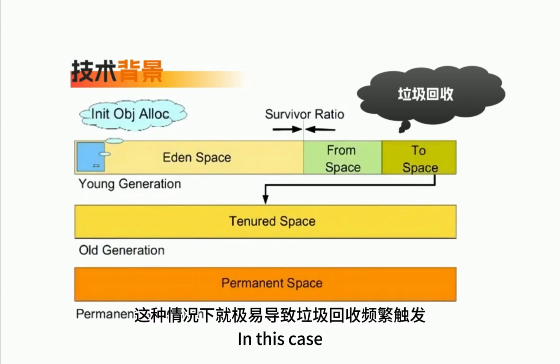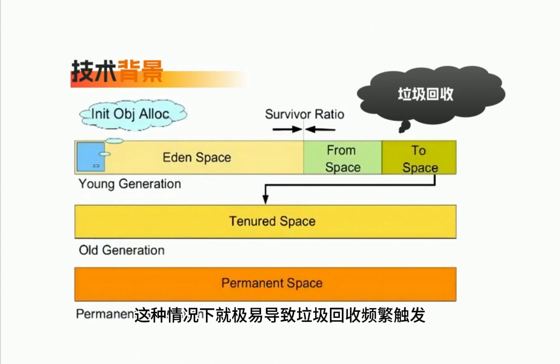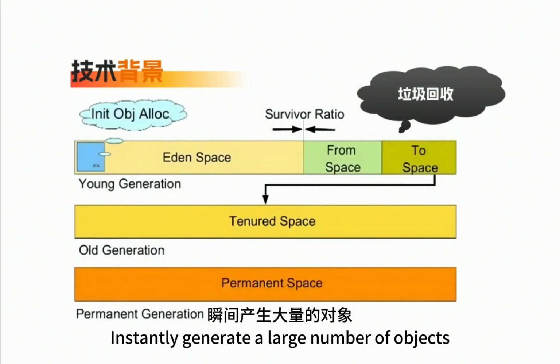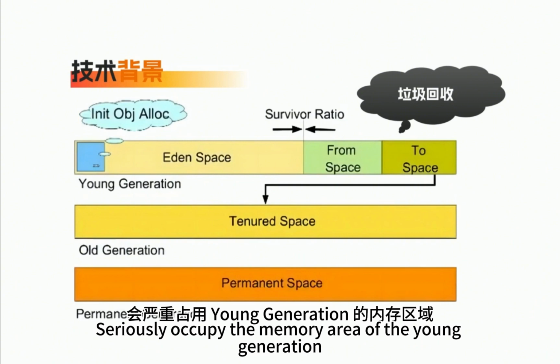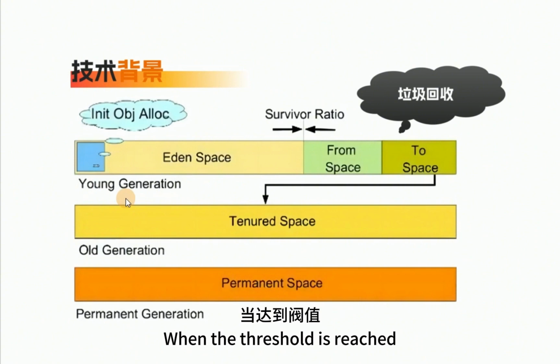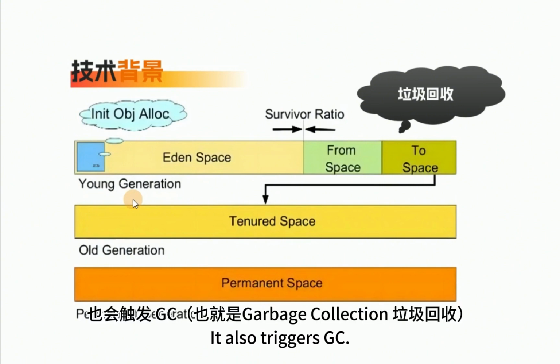In this case, it is easy to cause garbage collection to be triggered frequently. Instantly generating a large number of objects seriously occupies the memory area of the young generation. When the threshold is reached and there is not enough space left, it also triggers GC.